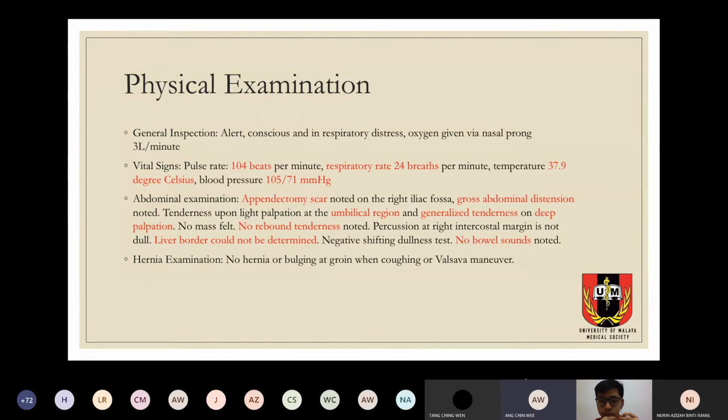Generally not. Liver border, if you can feel it, if it's measurable, is useful. But if it's not felt, then it becomes a fairly useless clue, because whether the liver border is palpable or not goes a lot with the patient's body habitus. I see.